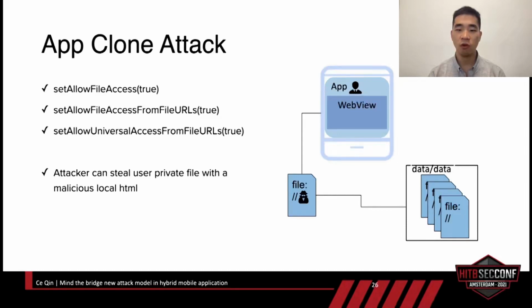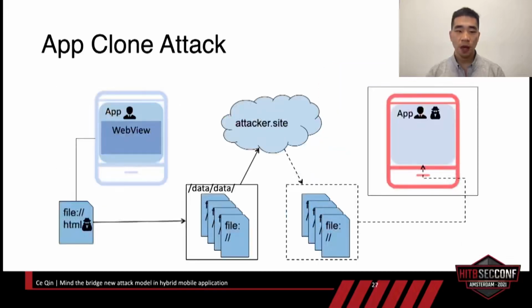With setAllowFileAccessFromFileURLs, this local page could access any private file with the app's permission. After getting private files from the target app, an attacker can totally clone a victim account 20,000 miles away, and the victim may not get away.